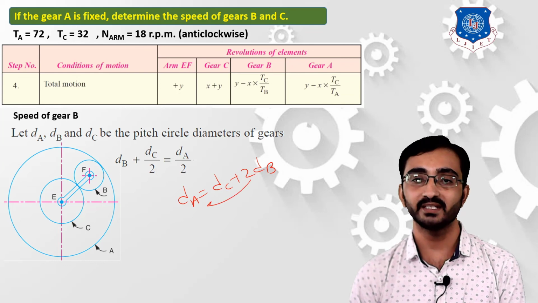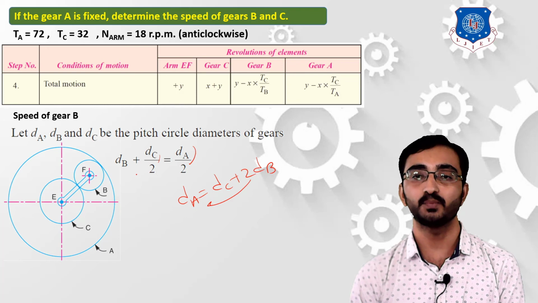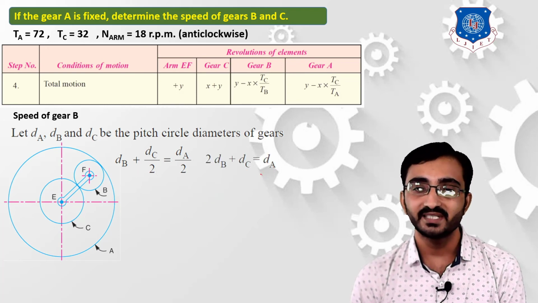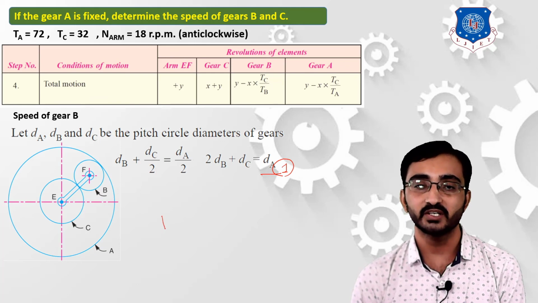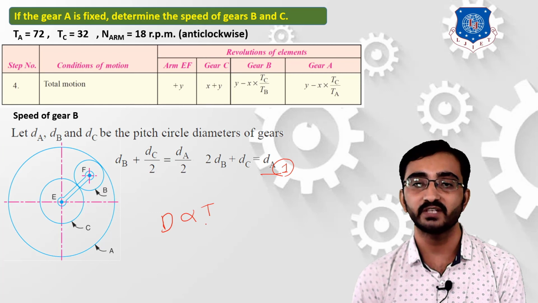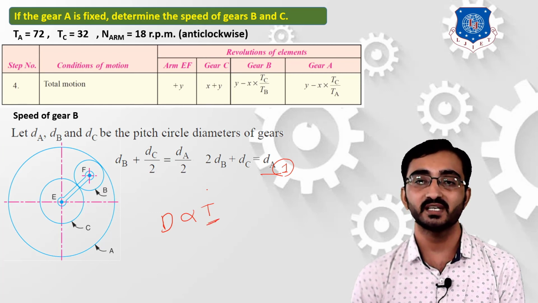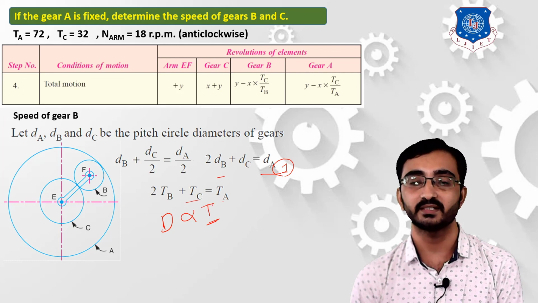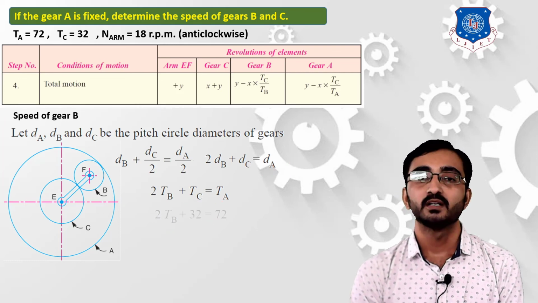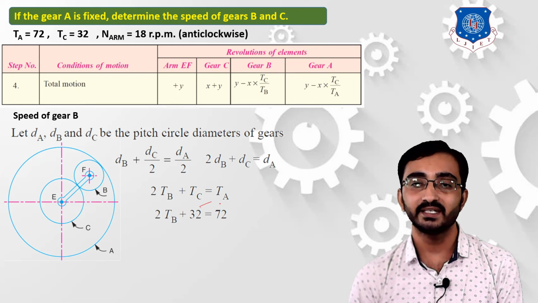By simply dividing by 2 over here we can say dA by 2 is equal to dC by 2 plus dB. Now using this equation, if you want to calculate the number of teeth, we have a simple relation that the pitch circle diameter is always proportional to the number of teeth of that gear. So in this case we can write down that 2 times TB is equal to TC plus TA. Now by putting the values of TC and TA in this data, we can calculate the teeth of gear B, that is equal to 20.